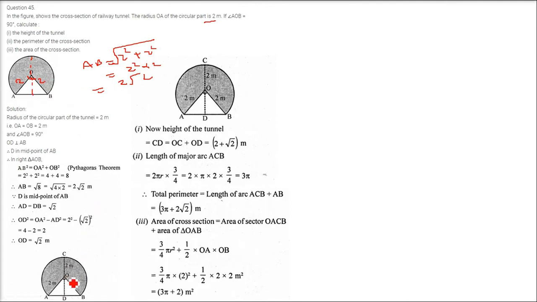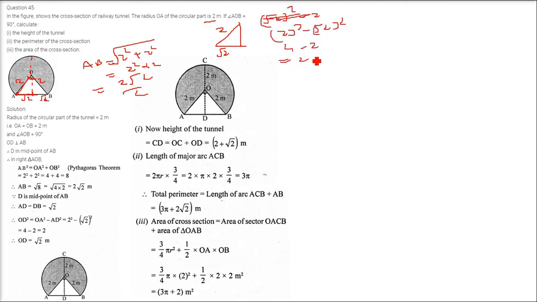Now when we drop a perpendicular here, if AB is 2 root 2, this will be root 2 and this will be root 2, half of AB. Now in this triangle, this is 2 and this is root 2. So what will this side be? Again Pythagoras theorem: 2 whole square minus root 2 whole square.